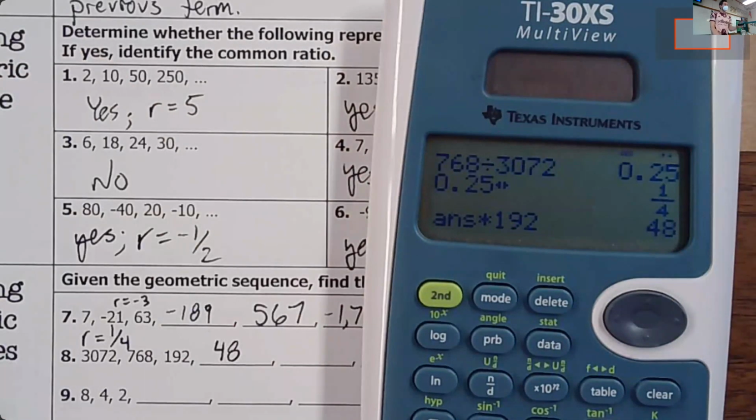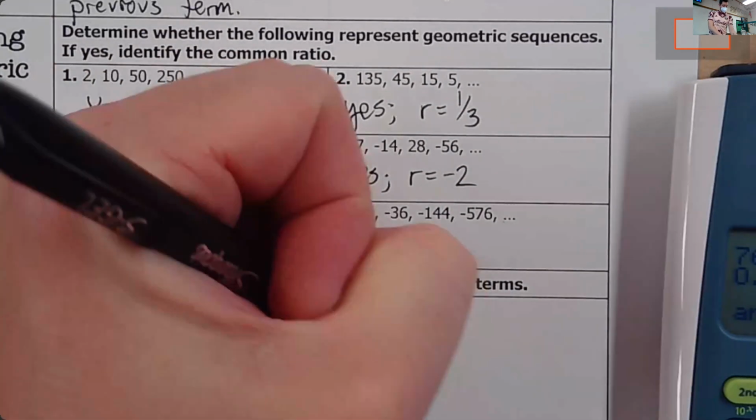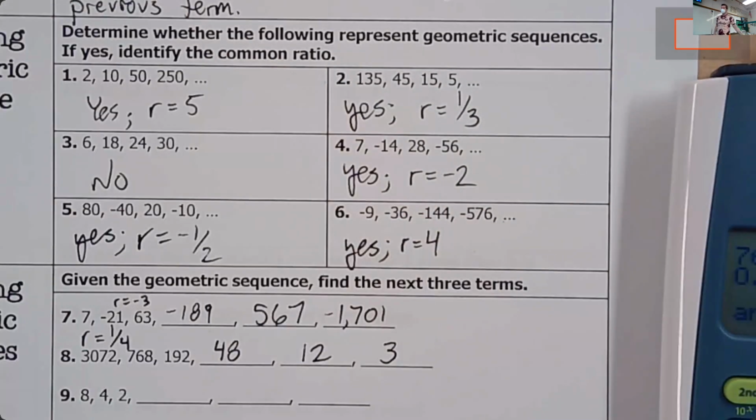And when it's a fraction with a numerator of 1, you can either multiply by that number or you can just divide by the denominator. Either way, if the numerator is 1. Otherwise, you have to multiply by the fraction. 48 times 1/4 would be 12, or 48 divided by 4. 12 times 1/4 would be 3. So the next three values are 48, 12, and 3.